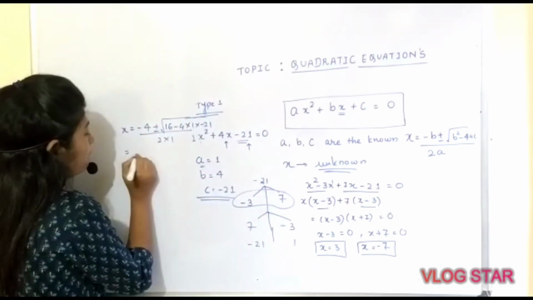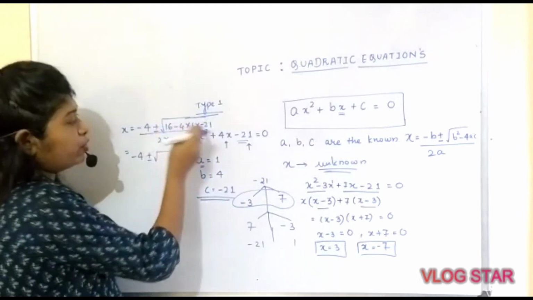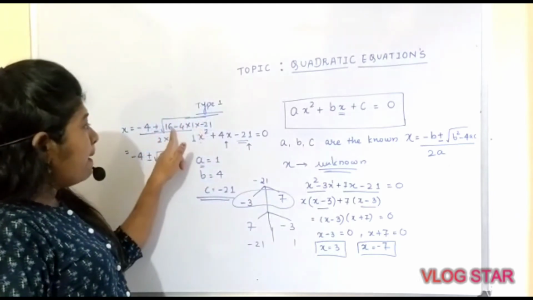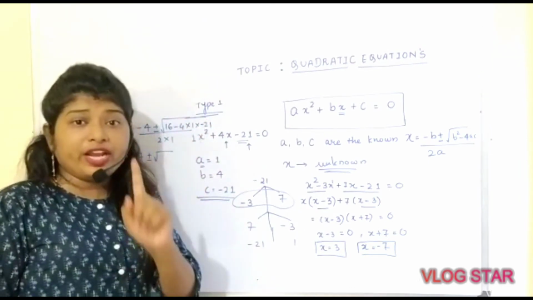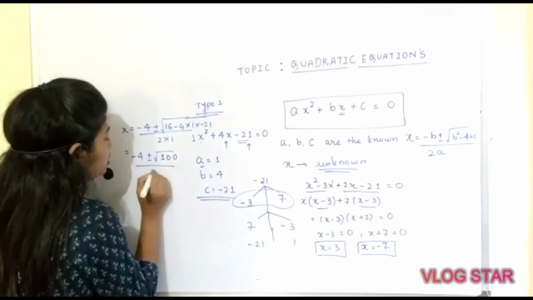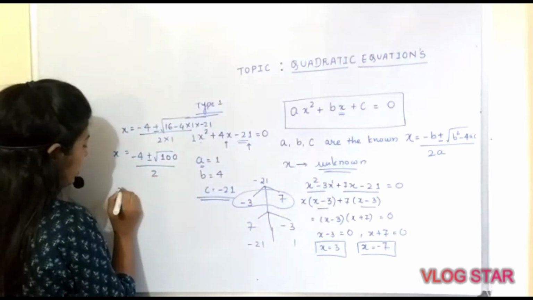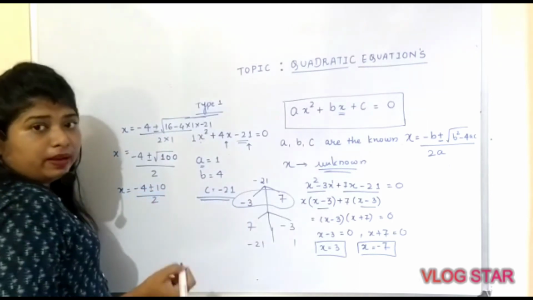Okay. Now minus 4 plus or minus under root of, if you perform, this is what? 16. Minus of minus plus 21 into 4, 84. 84 plus 16, you will be getting 100 upon 2. So x is equal to, can I take plus or minus 10 by 2? Am I right?